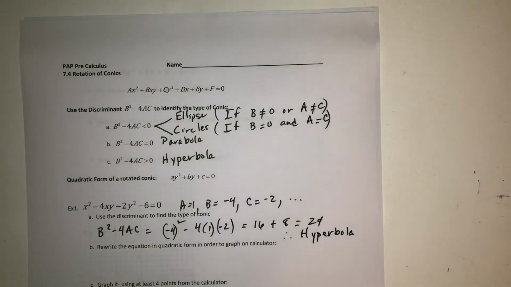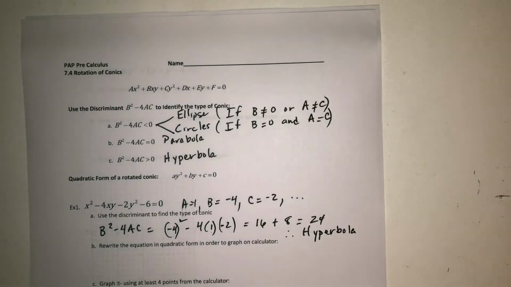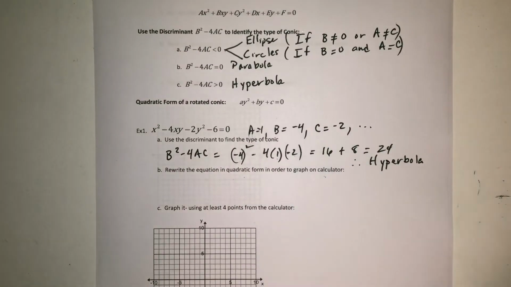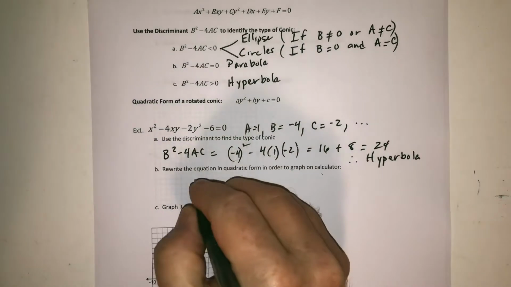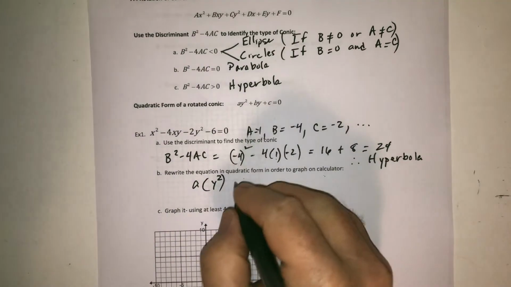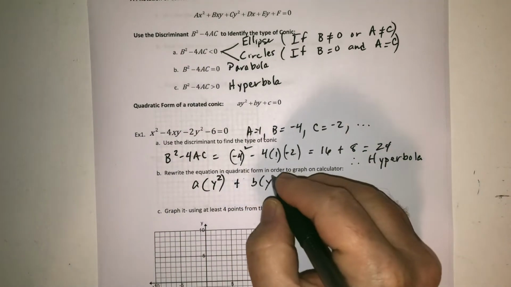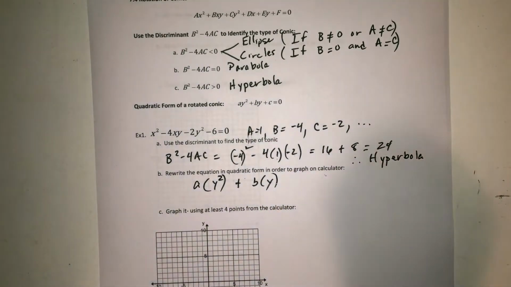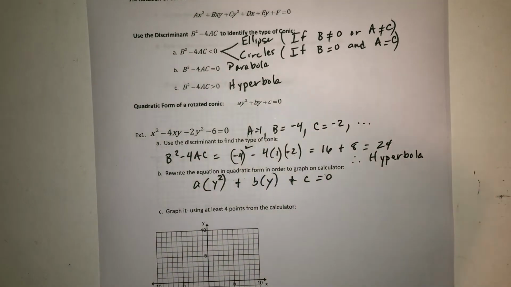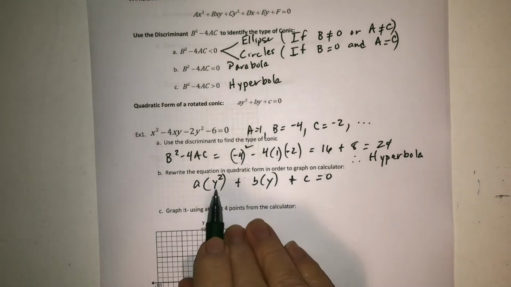Now, the next thing it wants us to do is to rewrite it in quadratic form in order to graph it on the calculator. So we're going to get it in a times y squared plus b times y plus c equals 0 form. Well, we want something times y squared.